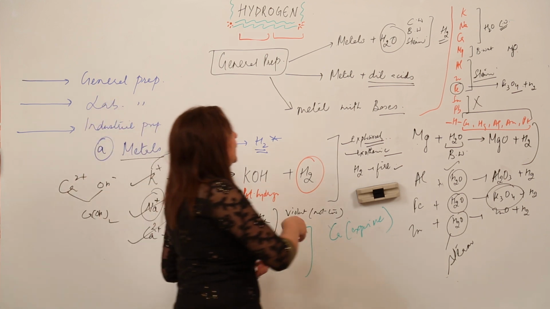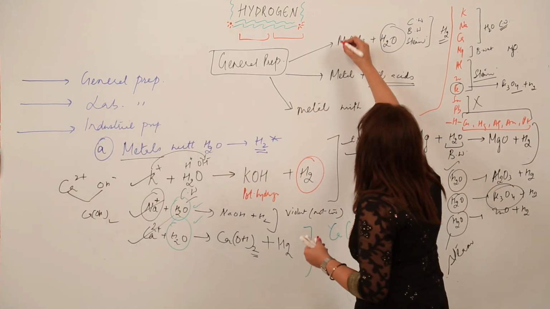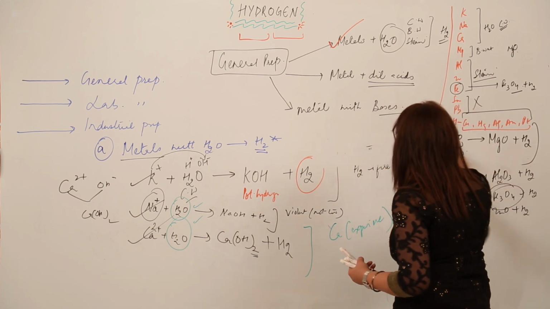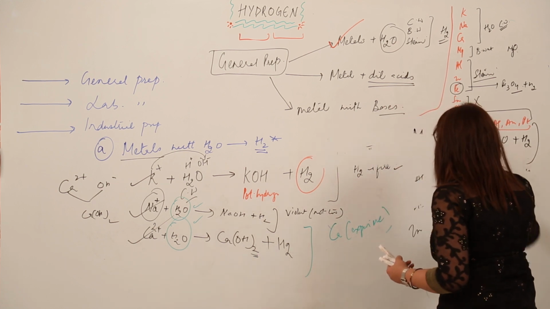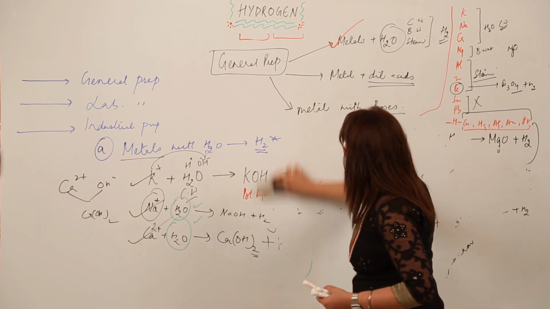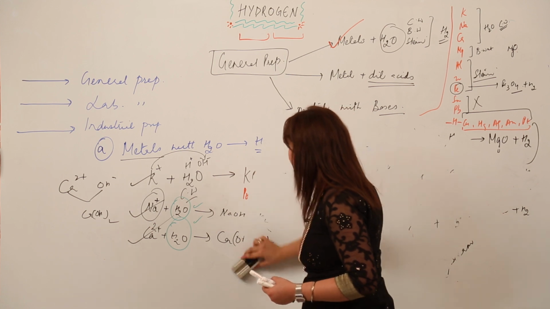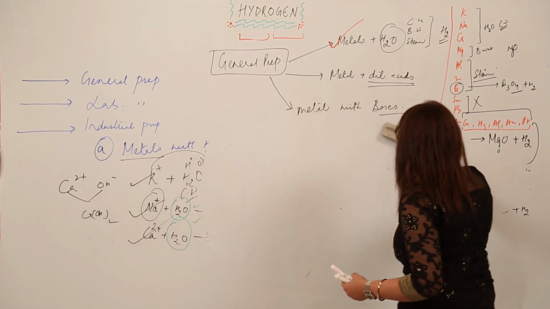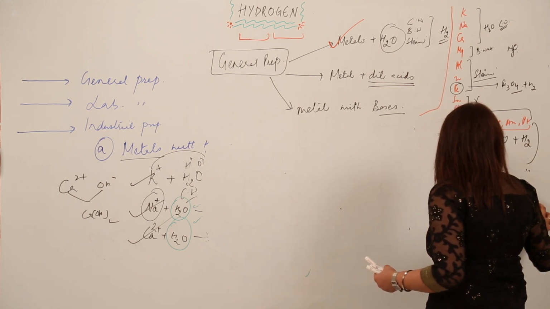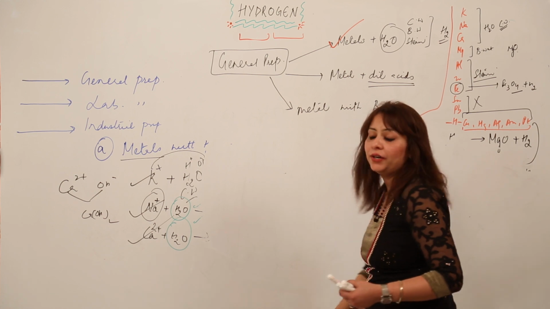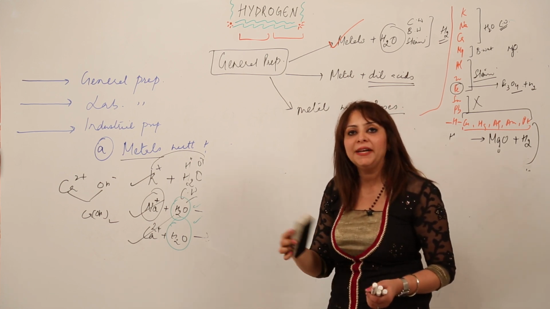So this is the first method we were discussing, the general preparation of hydrogen when metals react with water. Now we will take up the second general preparation, that is the reaction of metals with dilute acids. The reaction is going to happen in the same way as before, where they displaced the hydrogen and combined with the hydroxide.